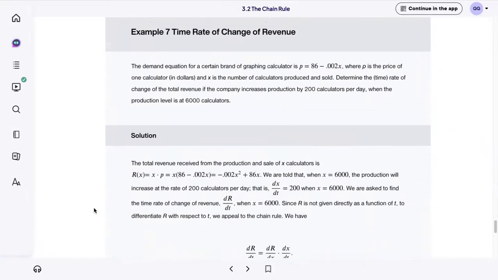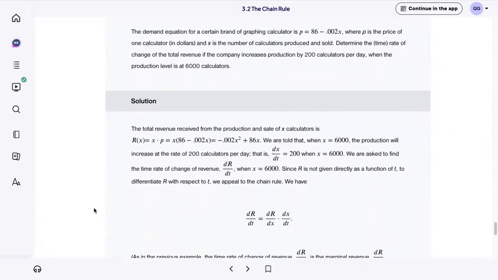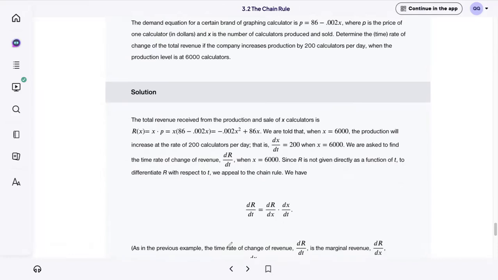Okay, let's see this example. The demand equation for a certain blunt graphing calculator is this. So P is a linear function of x, where P is the price of one calculator in dollars, and x is the number of calculators produced and sold.